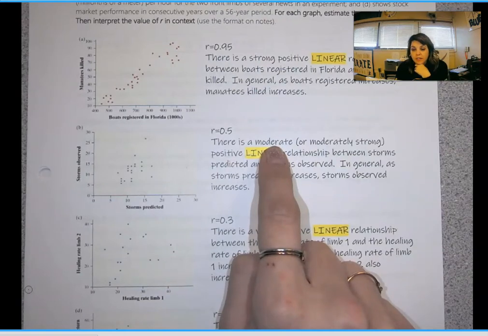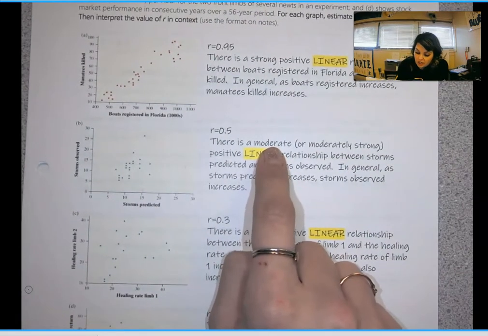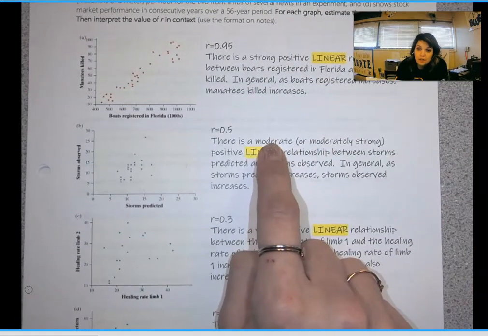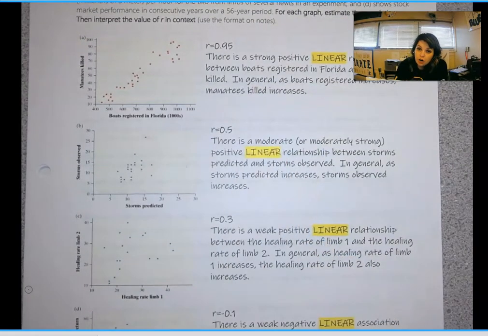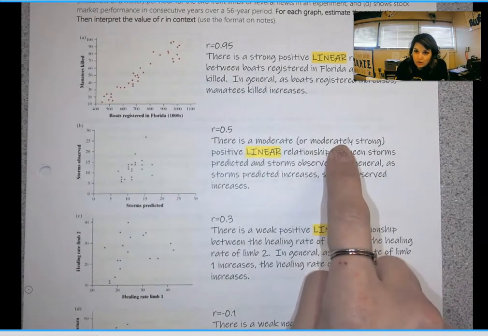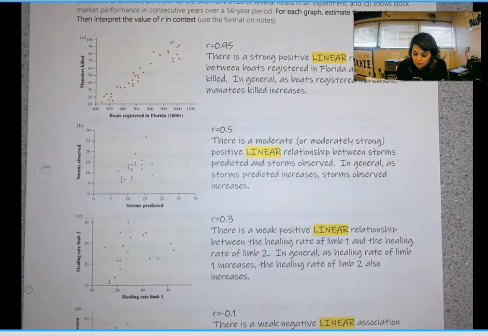Carter had put it in his quiz, and I'm like, well, really, you want to probably say moderately strong, and then I saw it in the book, so my bad, I should give you extra credit for that. You can just use the word moderate here if you would like to. So really, the words are strong, moderate, and weak. I think I lean slightly toward moderately strong, but it's really just your personal preference.